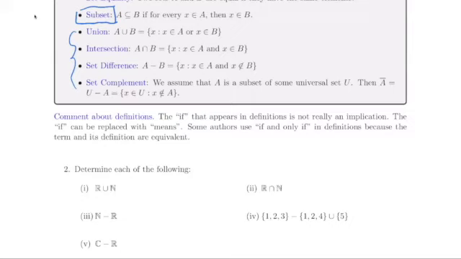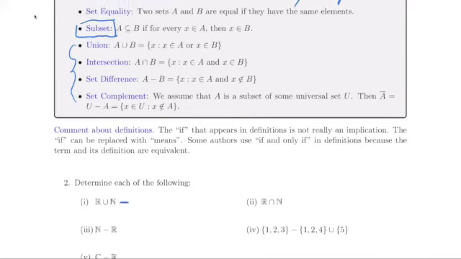So we take all the real numbers and join them with the natural numbers. That's going to give us the real numbers because the natural numbers are inside of the real numbers, so we don't add any additional values. If we take the intersection of those two, what would we get? Yep, that would give us the natural numbers.